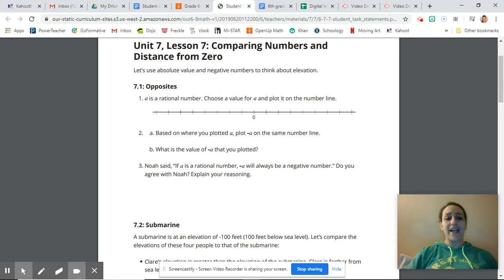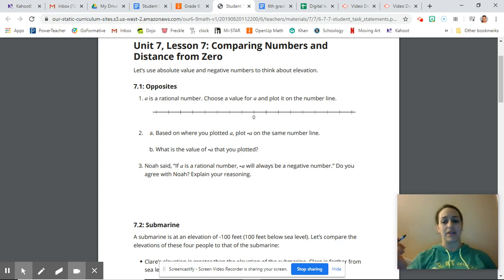So we're looking at opposites, where A is a rational number. We have to choose a value and a point for A and plot it on the number line. All it has to be is a rational number, and we get to choose where it goes. So we can pick any spot, because a rational number is simply a number that we can plot on the number line.